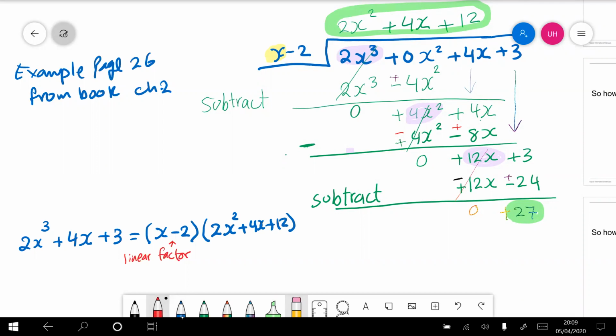So this is the quotient, and it is the quadratic.